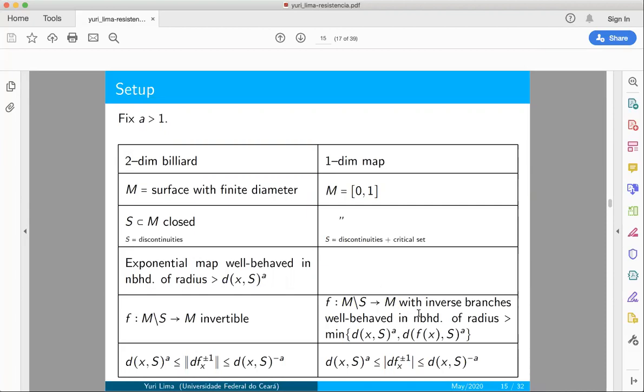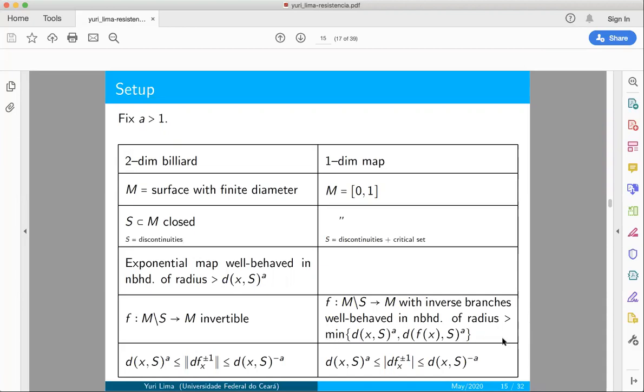And here is the difference when you consider non-invertible situations. As I said, you have to control in some way how good or how big the inverse branches are. And we require that these inverse branches are good, well-defined, well-behaved, in a radius which is at least as big as this minimum here.